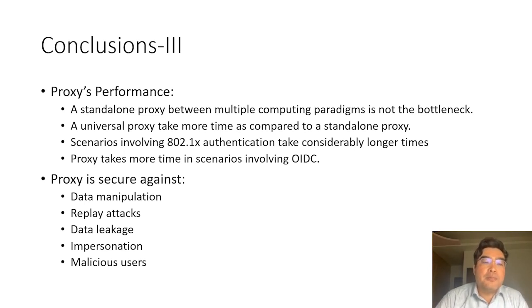Also, the proxy needs to be secure, because it might become more like a single point of failure. So it needs to be protected, and in our paper we have proved that for this security threat, the system is still able to protect itself.